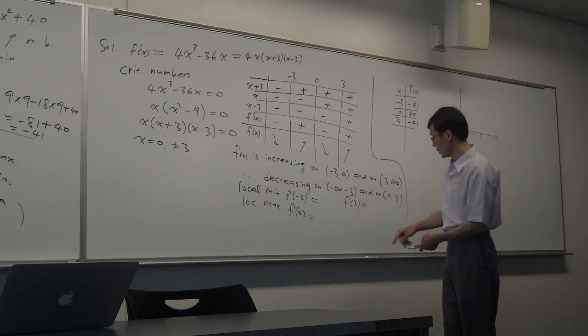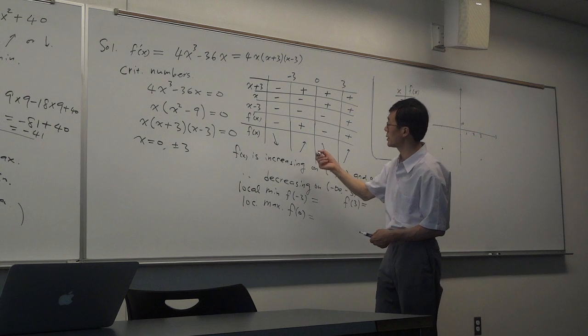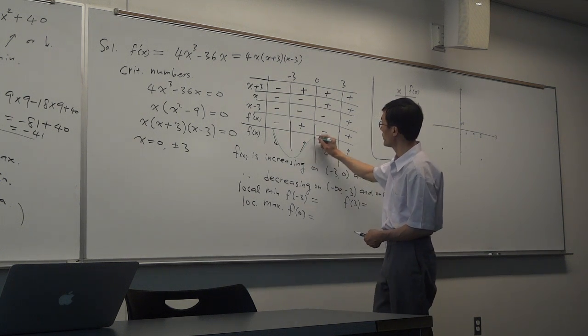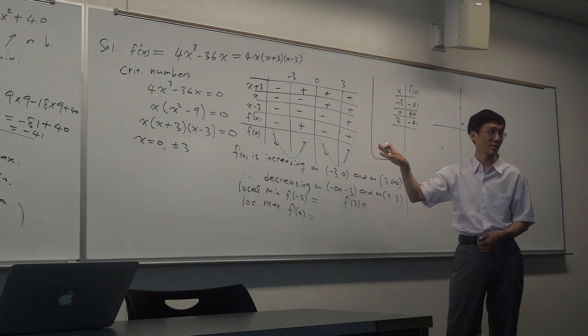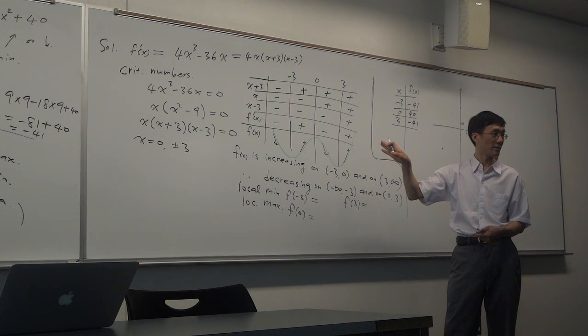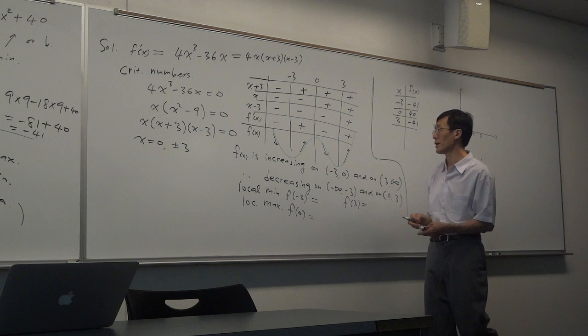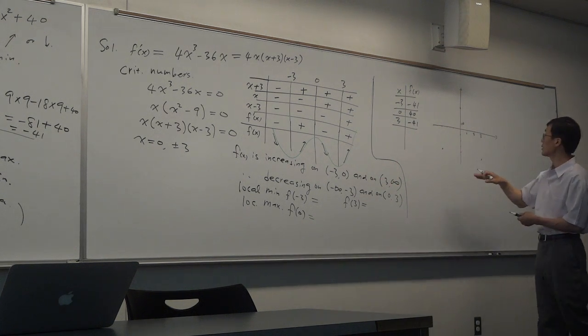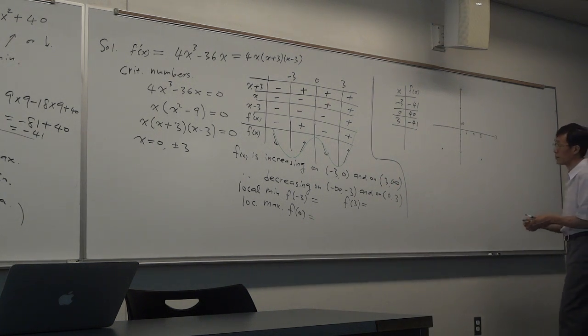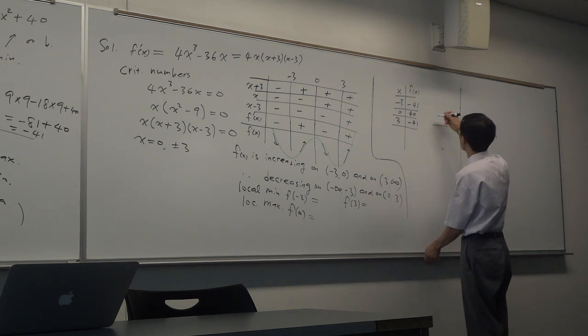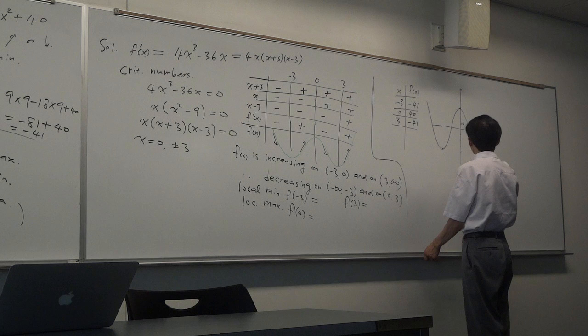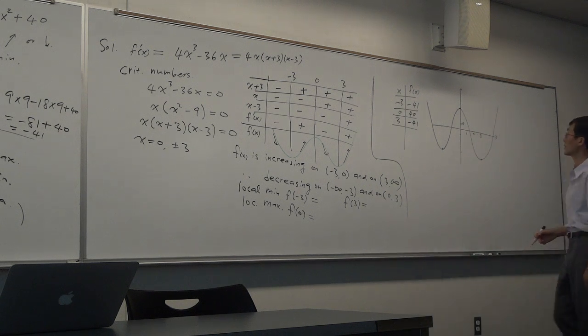The graph is more or less here. If you look at those things here, it goes down and up and down and up. The graph is almost there. Okay. You have some idea what the graph may look like. And then to have an accurate one, you plot the points right here, and then you just use this pattern. So it goes down, up, down, and up. That's the graph.